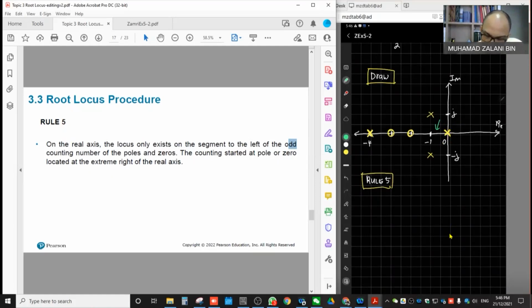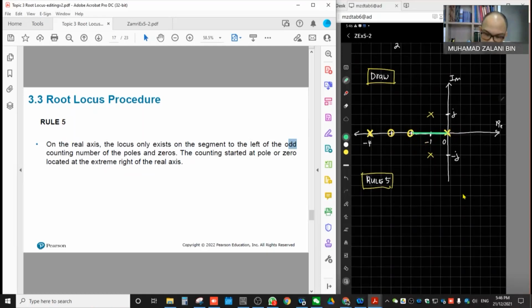So any location in between these poles and zeros is valid. The locus is valid if on the right segment we have an odd number of poles and zeros, which is 1. One means odd. So the locus goes up to the next zero.